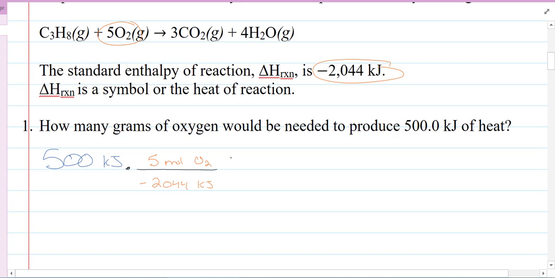And then we're going from moles of O2, 1 mole of O2 to grams of O2. And it happens to be 32.00 grams of O2. If we do that, I get negative 39.1 grams of O2.